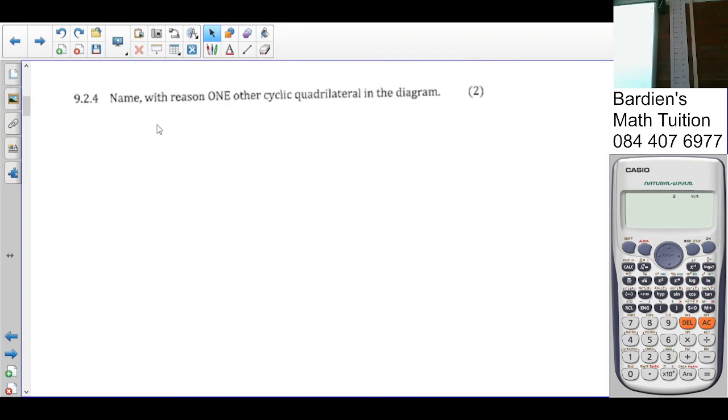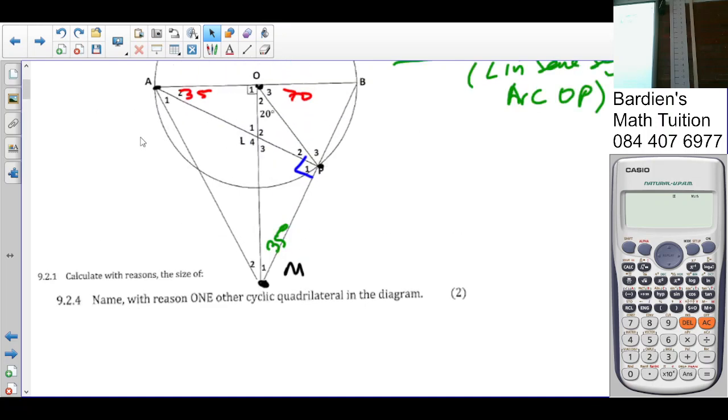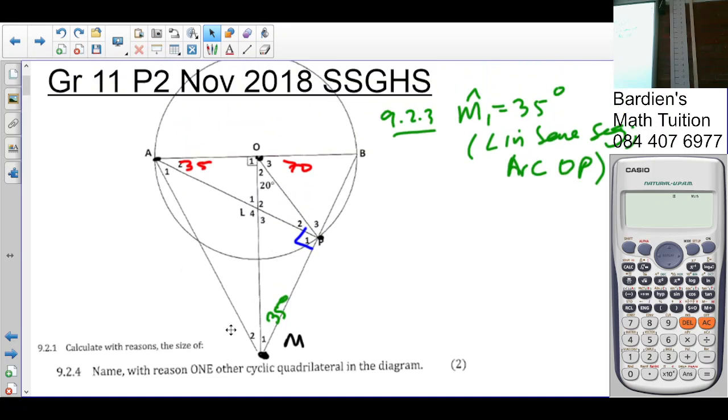Then the next question says, name with reason one other cyclic quadrilateral in the diagram. Where else is a cyclic quad? OPB. Why? O2 plus O3 is 90, that's your exterior angle.